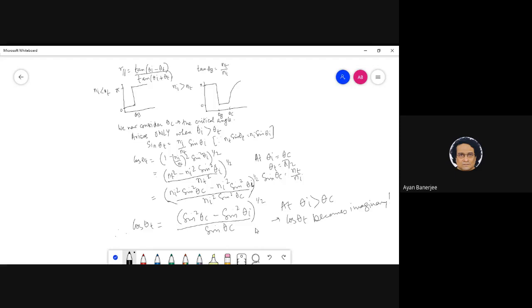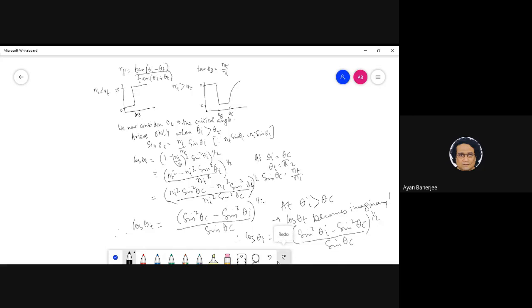Right? Which means I can write this as plus minus I, sine square theta I minus sine square theta c, by sine theta c, power half.